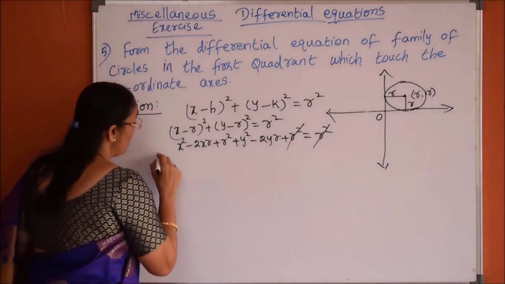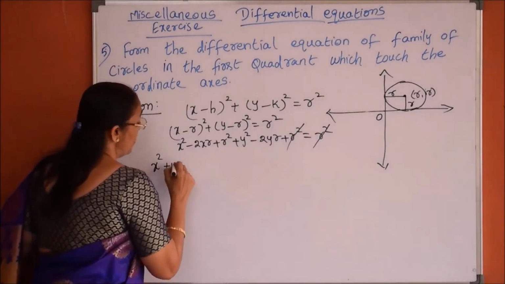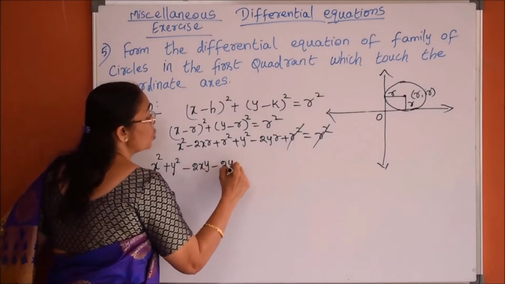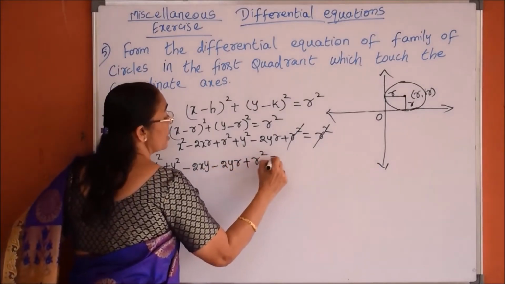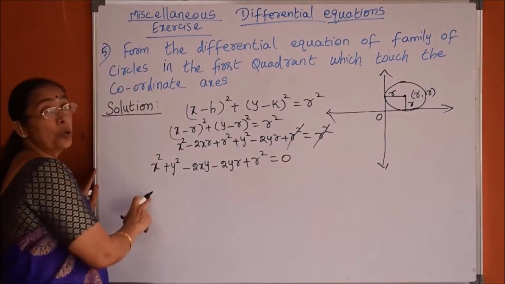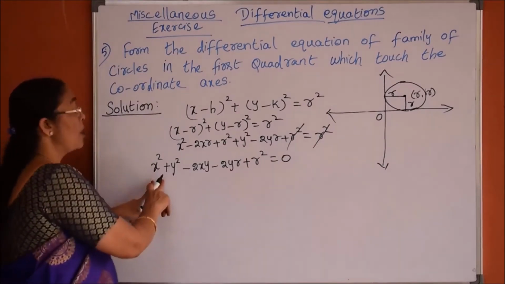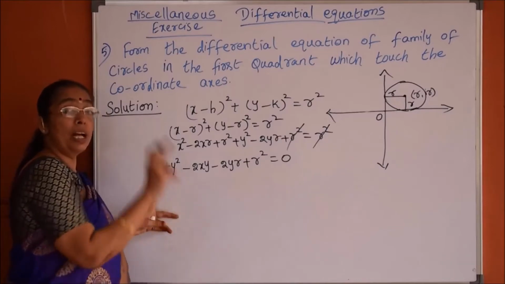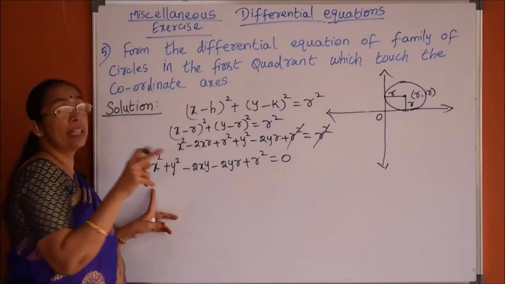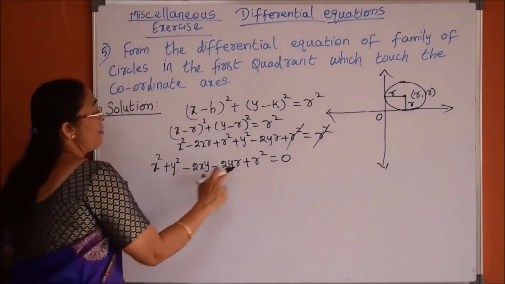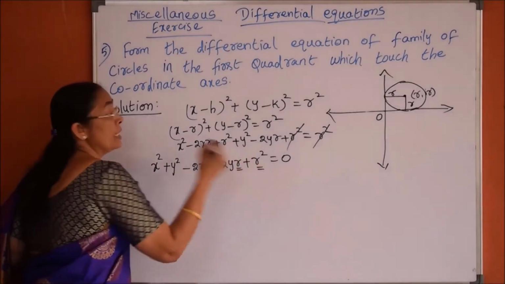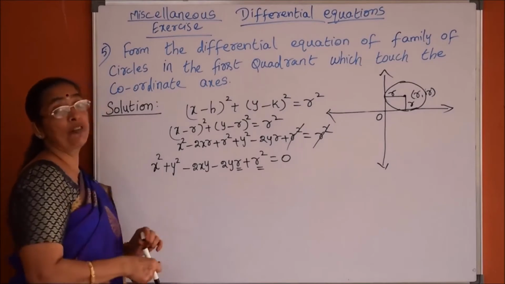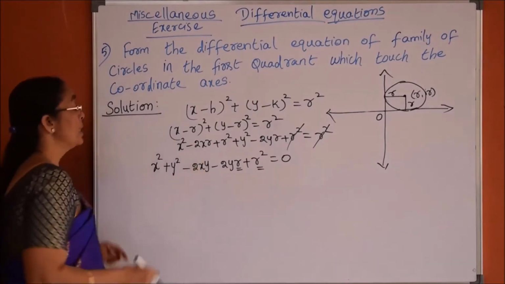So our equation is x square plus y square minus 2xr minus 2yr plus r square equals 0. This is the general equation of the circle touching both the coordinate axes in the first quadrant. It has only one arbitrary constant r, so with one first order differentiation itself, we can eliminate r.